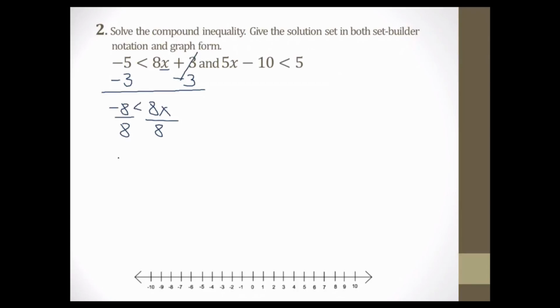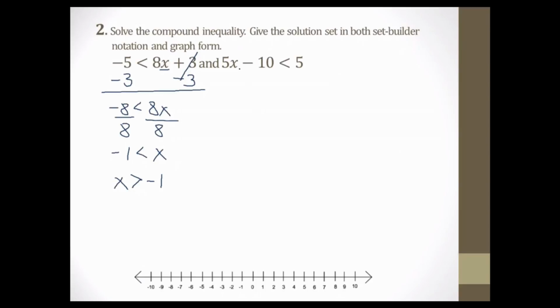So negative 8 divided by 8 is negative 1, and 8 divided by 8 is just 1. So my x is by itself. I can also rewrite it because I like my x to be on the left side, but I need to make sure that the direction of the sign still is the same. So basically x is greater than negative 1. Both of these answers are correct, but I prefer having the x on the left side.